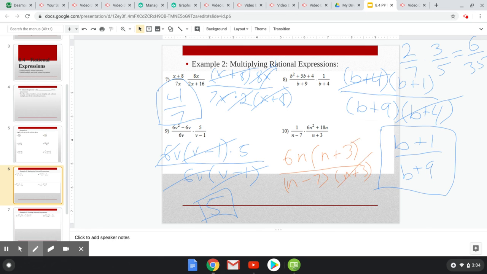So I'm going to see that my n plus 3s cancel, and I get 6n over n minus 7. And that's going to be my final answer. So basically with multiplication, you're multiplying across, you're also factoring so that you can cancel things out.